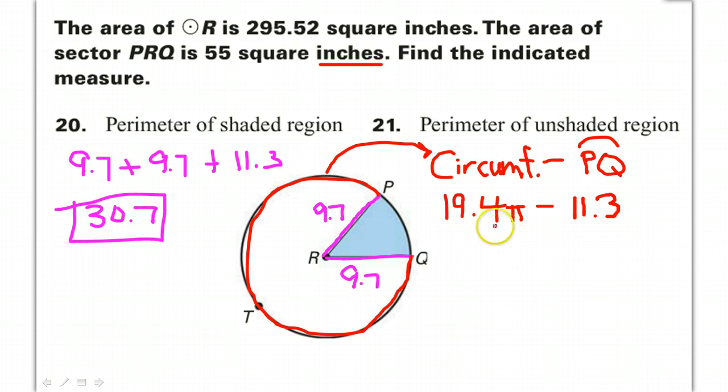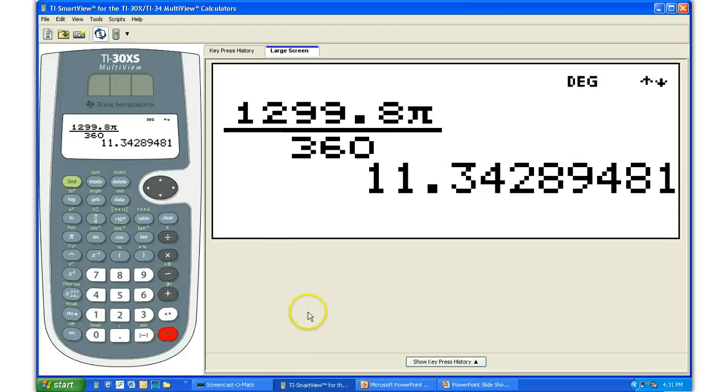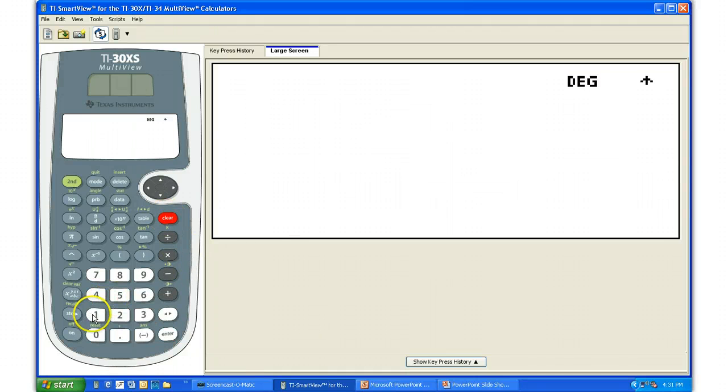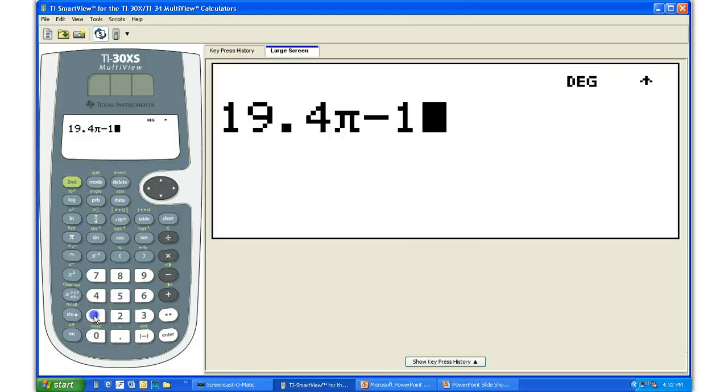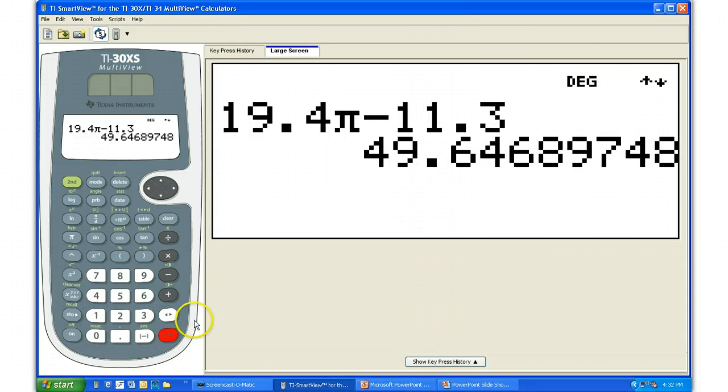So if we subtract those two, that should give us this red area going around the backside of the Pac-Man. So we'll just put that in the calculator. 19.4 pi minus 11.3 is 49.64. Right, 49.64.